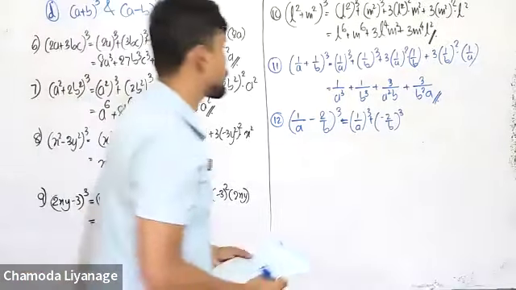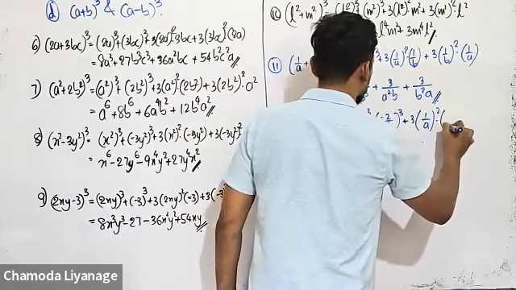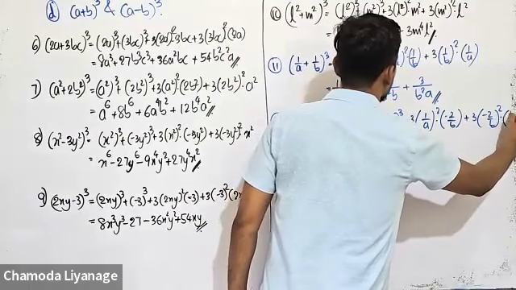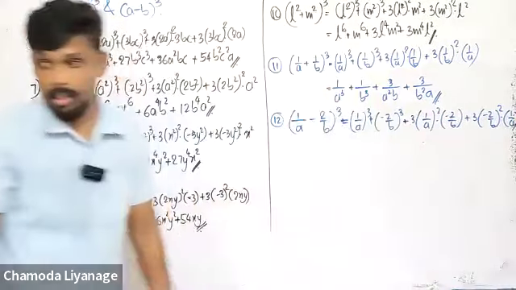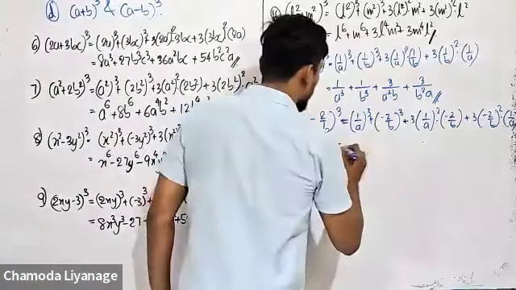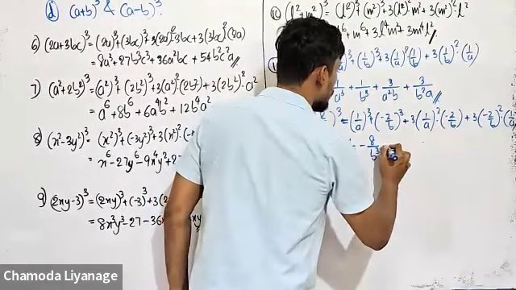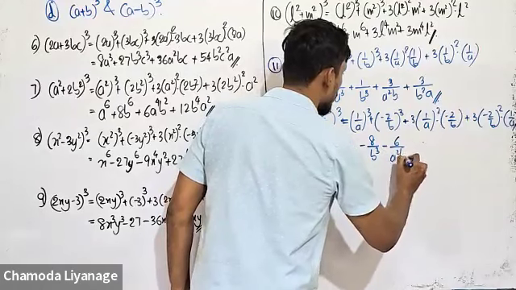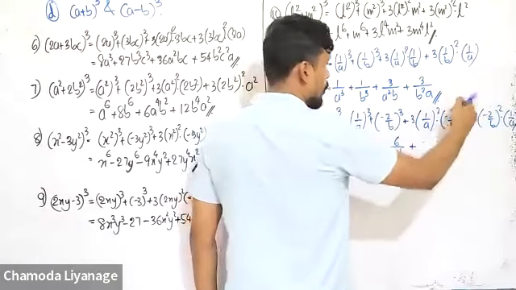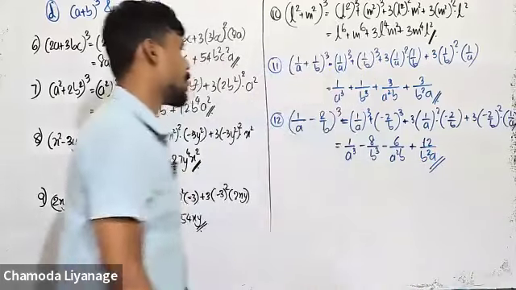Last one. Now the simplification part: 1 over a cube minus 8 over b cube minus 6 over a squared b plus, here minus 2 squared, it is 4, 4 into 3, 12, 12 over b squared a.